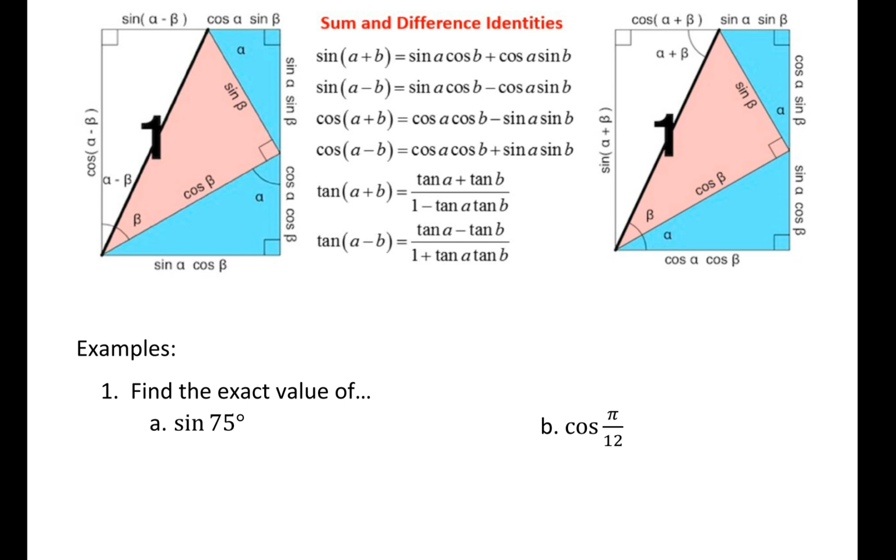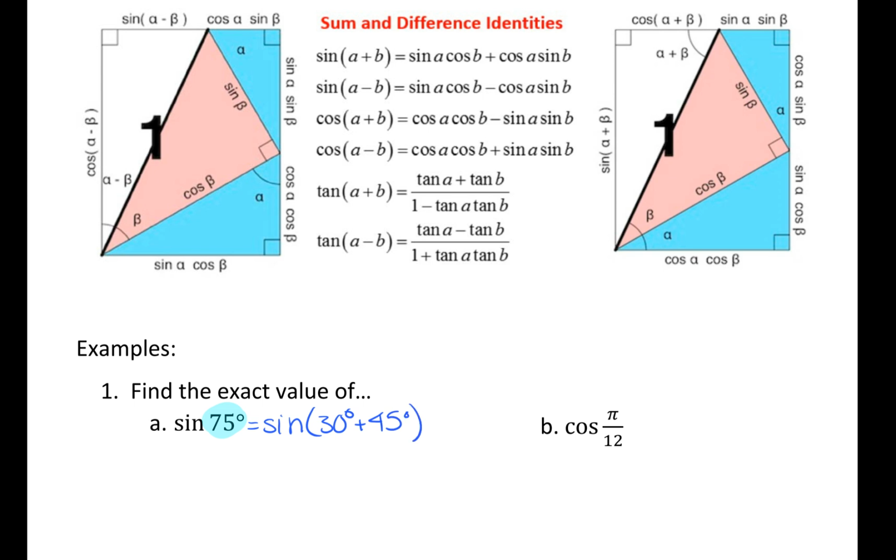So I think about how do I rewrite this 75 degrees into two values that are unit circle values. I can say that that's equal to the sine of, and then I can rewrite it as 30 degrees plus 45 degrees.